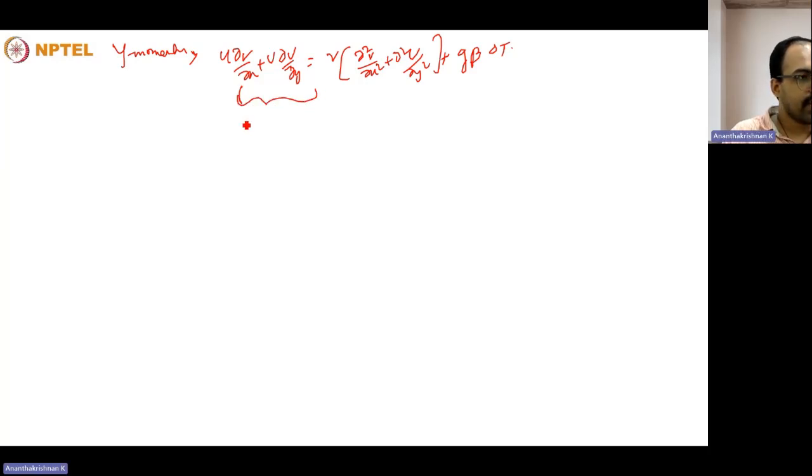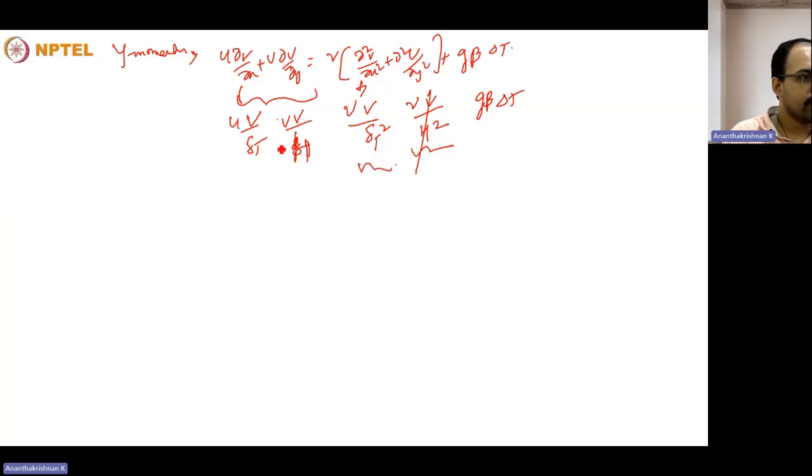Both of these terms could be scaled as u into v, which is uv divided by delta t, this is vv divided by h, and this could be scaled as nu v divided by delta t squared, nu v divided by x squared, and g beta delta t. So this is negligible, only this persists.